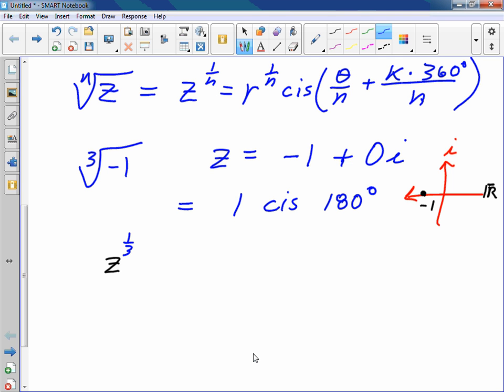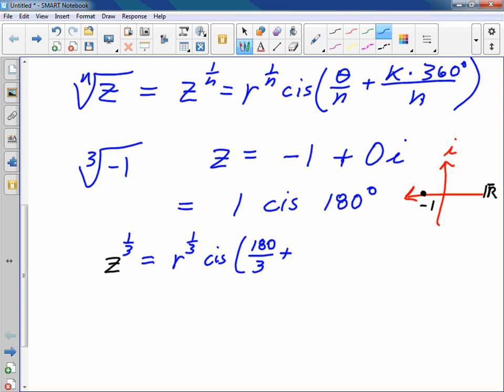Z to the 1/3 equals r to the 1/3 cis 180 over 3 plus k times 360 over 3.